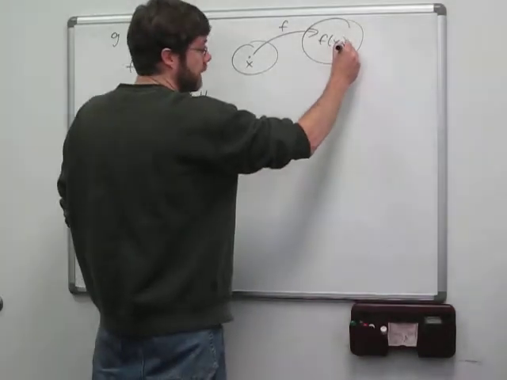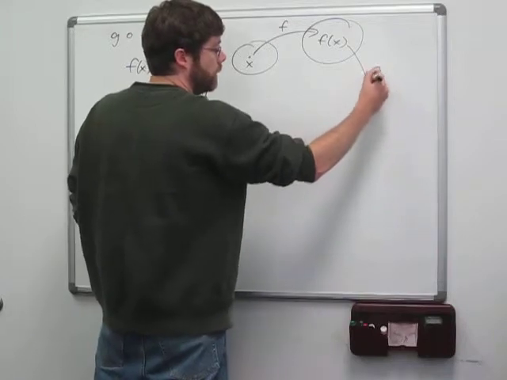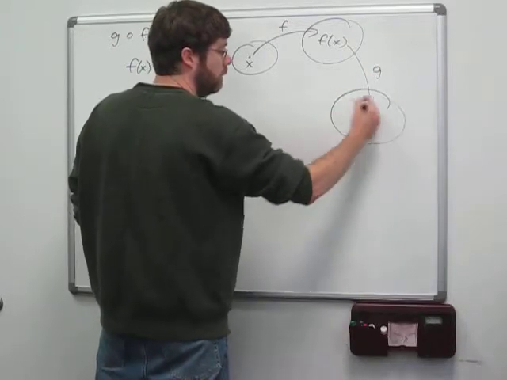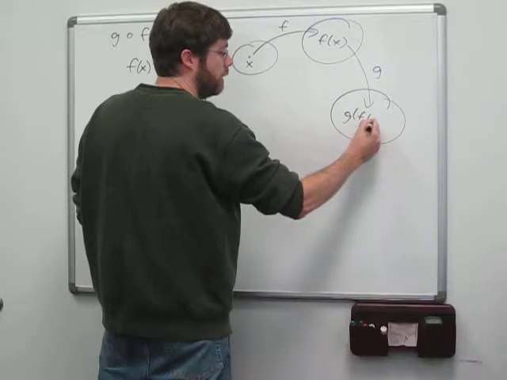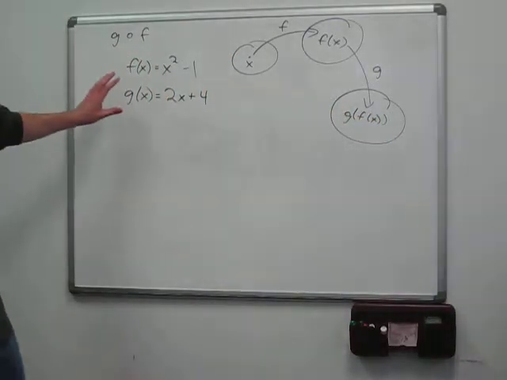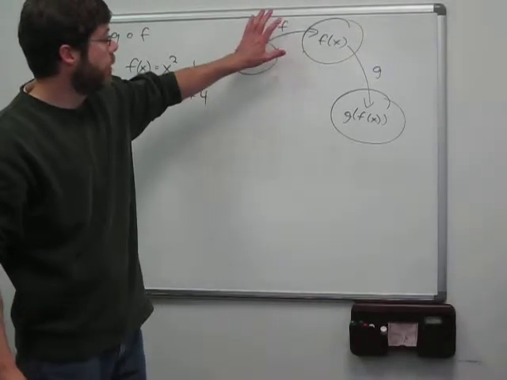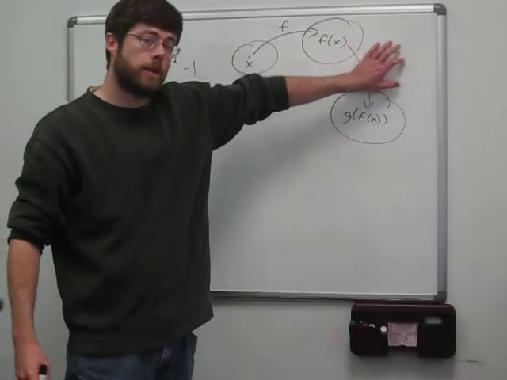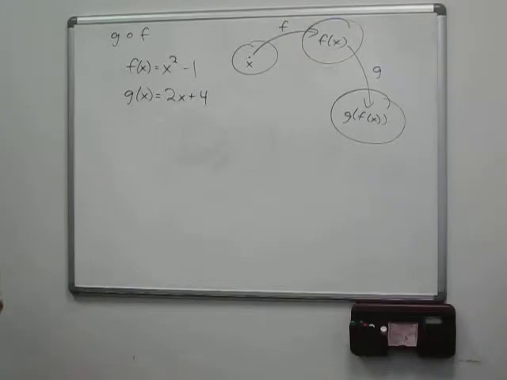We then take that result and apply the function g, and ultimately end up with g of f of x. So it's a two-stage function. We apply one function and then apply the second function to the result.